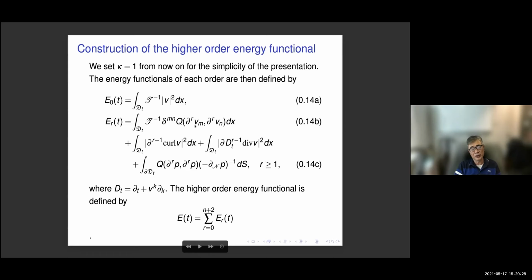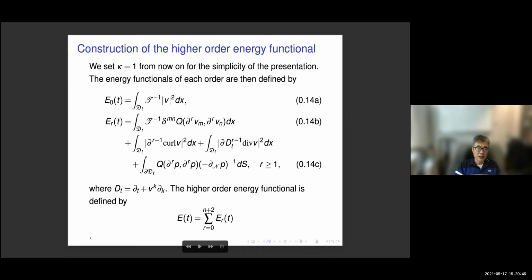By using the equation, you have the space derivative of pressure. Therefore you do the integration by parts. Then we'll find a boundary term, but that boundary term cannot be controlled.